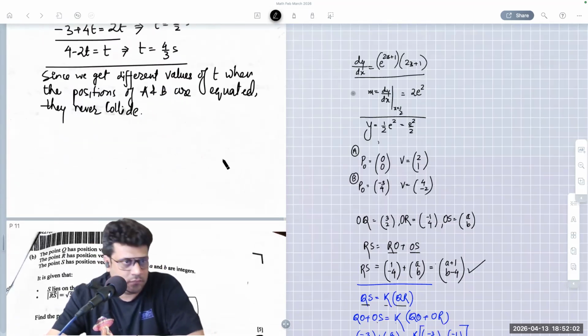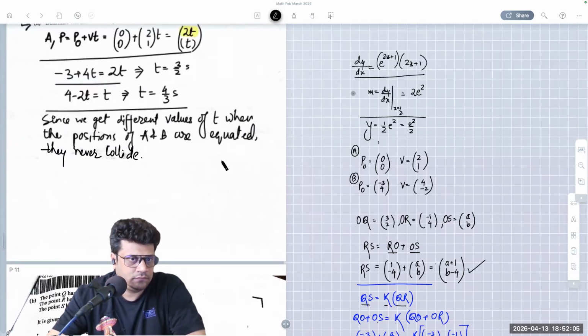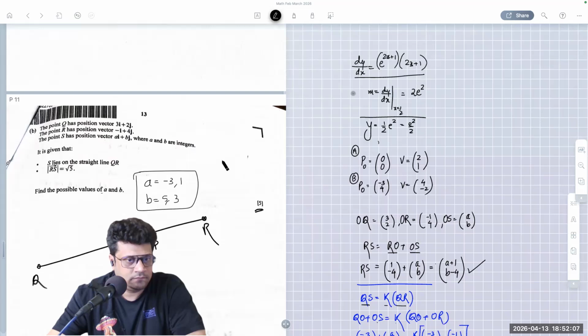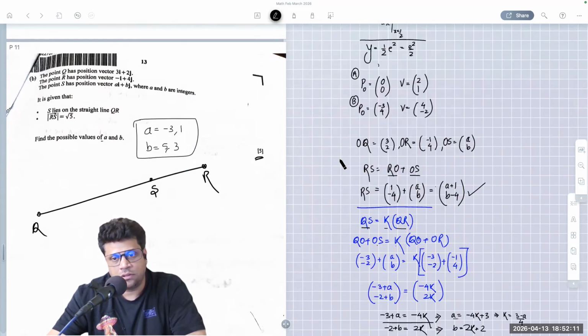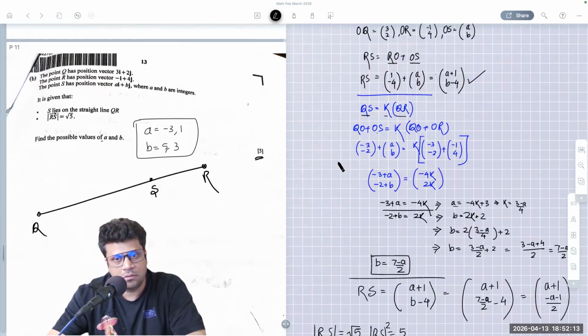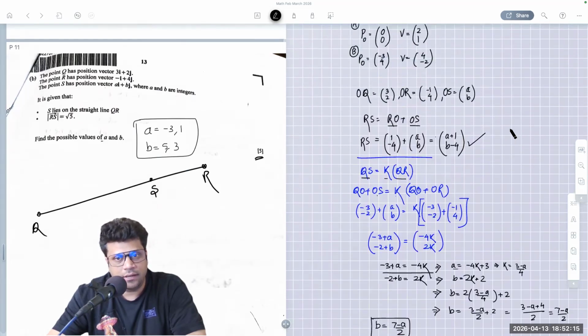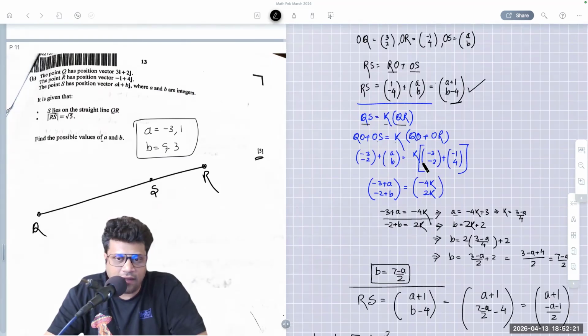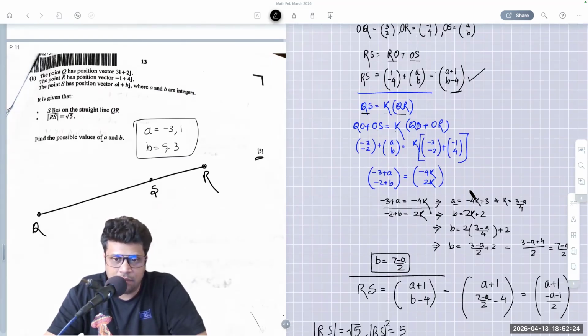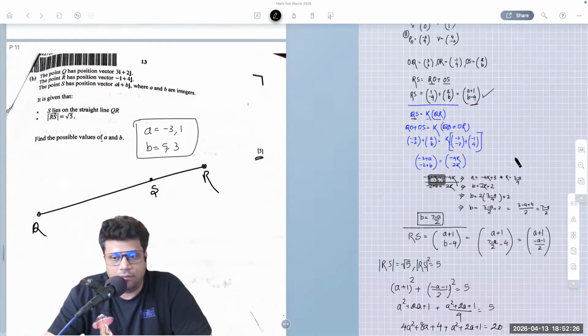Okay. And it was a nice one though. So what we did here is we came to an expression of RS in A and B, and then the fact that QS should be a fraction. Oh, this was a good one.